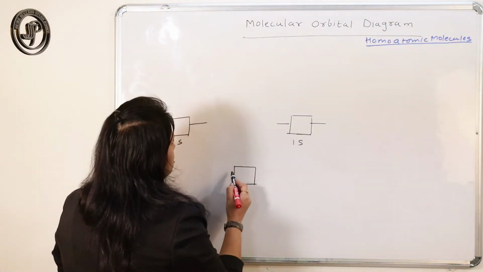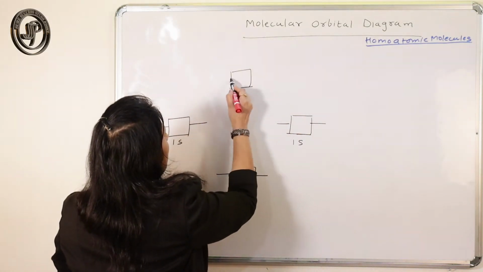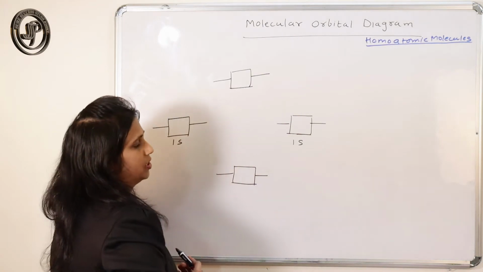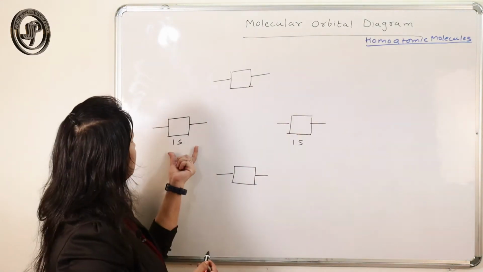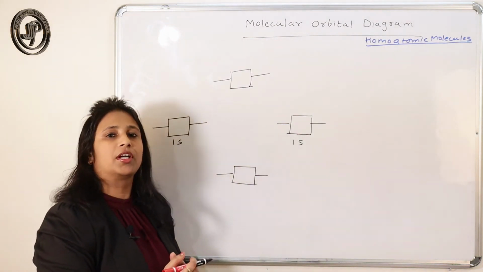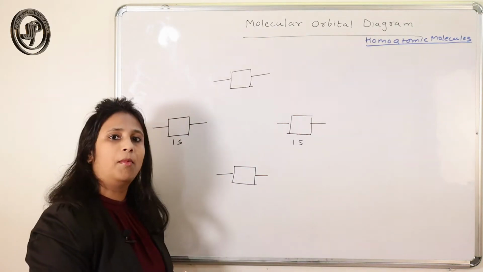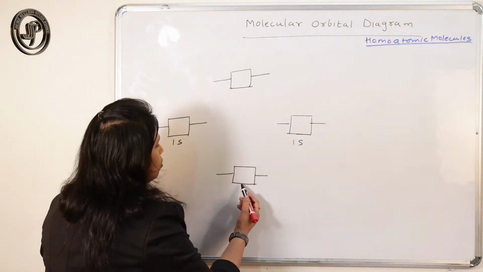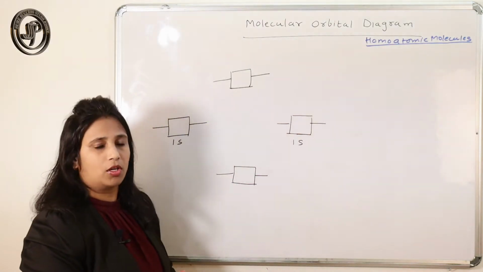The one which has lower energy and the other which has higher energy. These are the atomic orbitals, so they combine together, they overlap together and form molecular orbitals. This is one molecular orbital and the other molecular orbital.